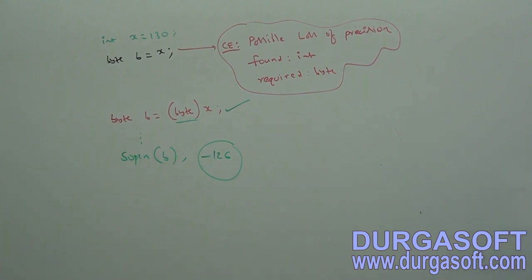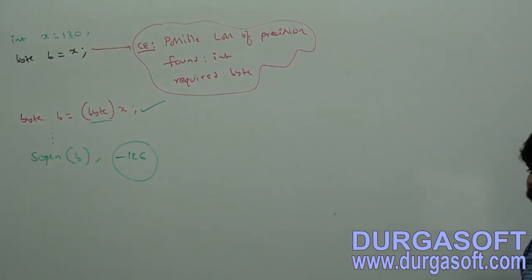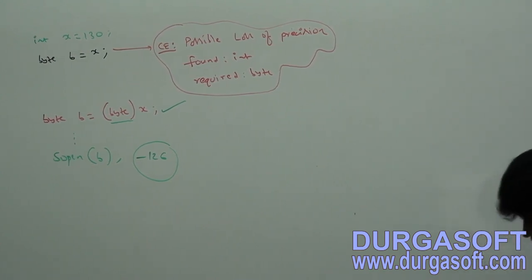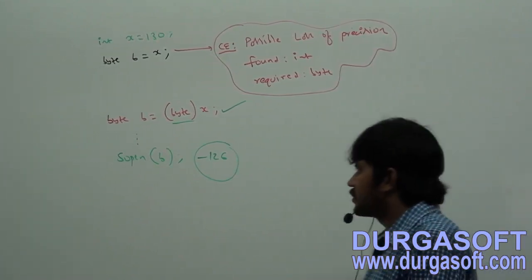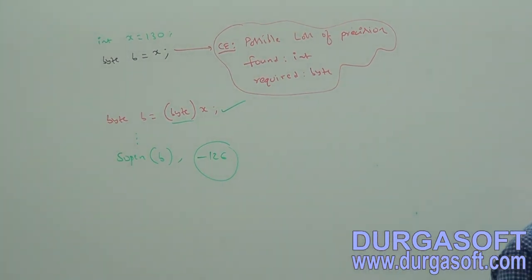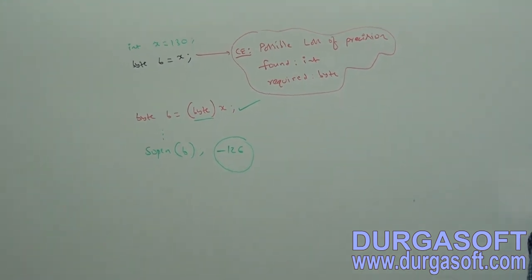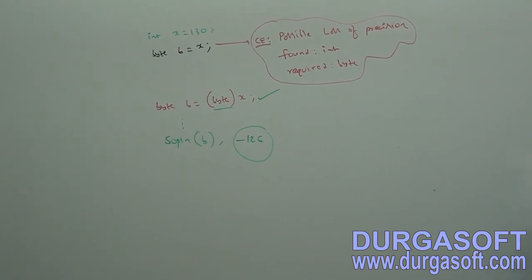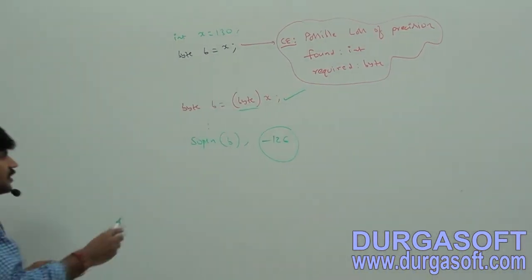So we are going to get a compile time error saying possible loss of precision, found int, required byte. Next, byte b is equal to byte of x. SOP of b. What is the output we are getting? Minus 126, like this we are getting, right?